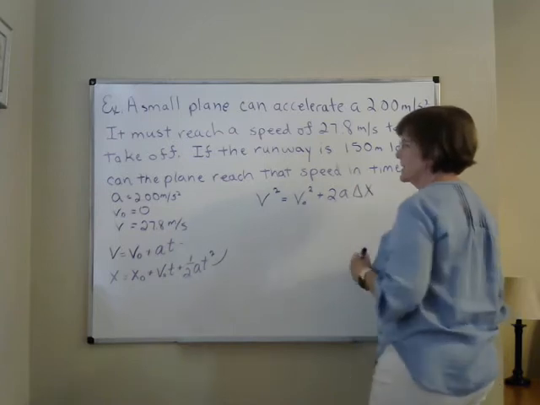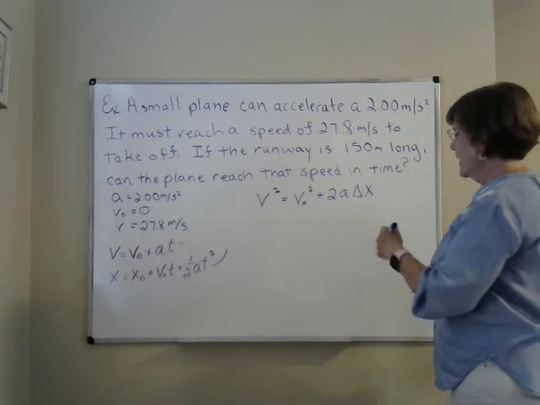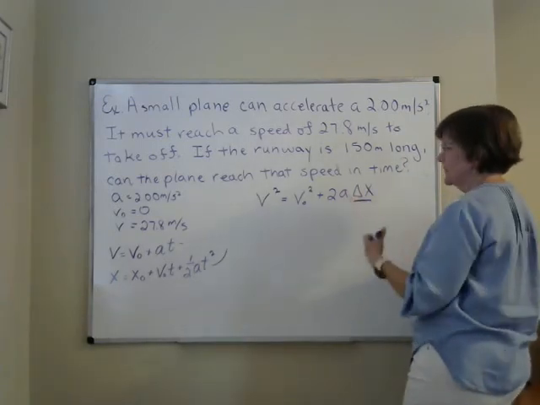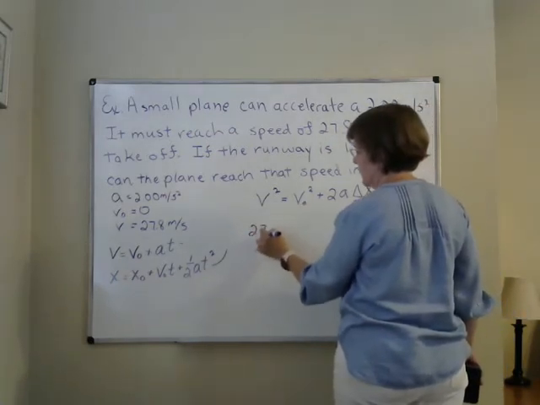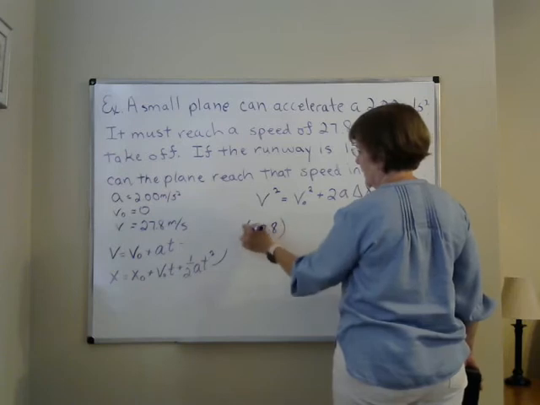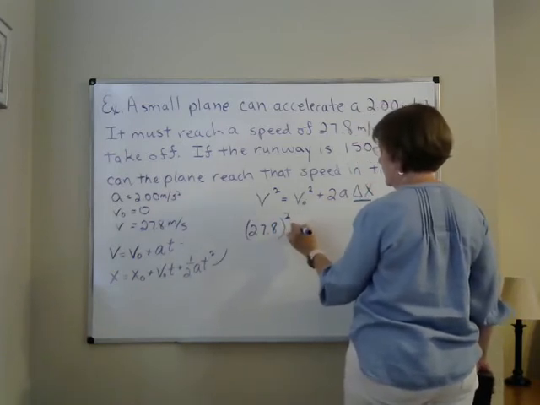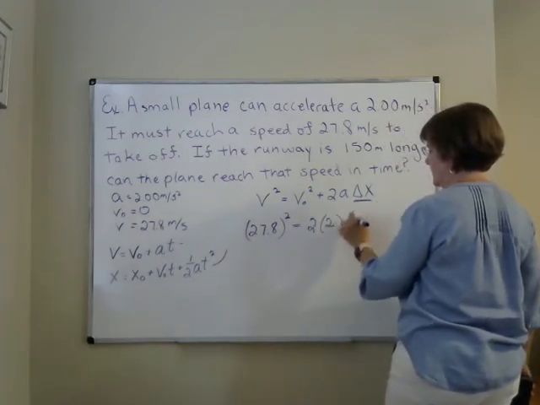A lot of times I say, look for what you know and see what you can figure out. We want to know this distance right here. What is that displacement going to be? Well, the V squared is going to be 27.8 squared. V0 was 0, and that has to equal 2 times 2 times delta x.